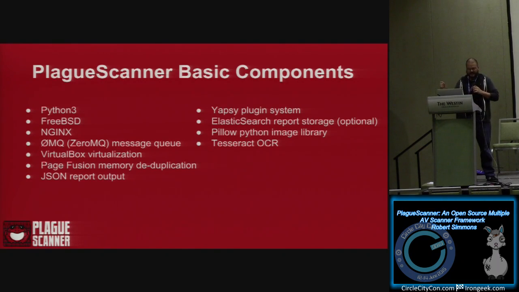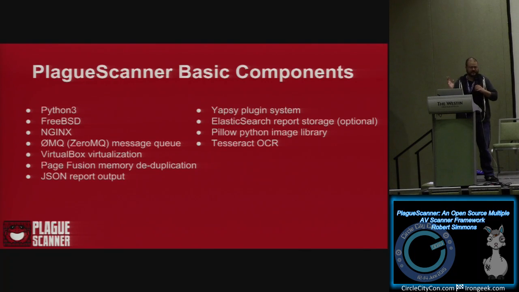The basic components: it's built with Python 3. All the modules that I use are Python 3 modules. The core of PlagueScanner uses FreeBSD. There are certain scanners that don't have a FreeBSD version, so if they have a Linux version, I have to use Linux in that case.